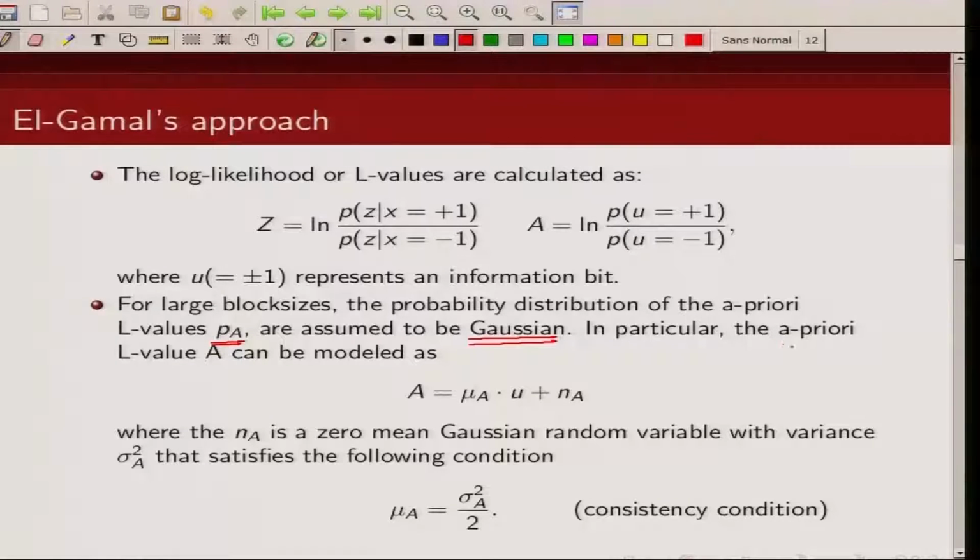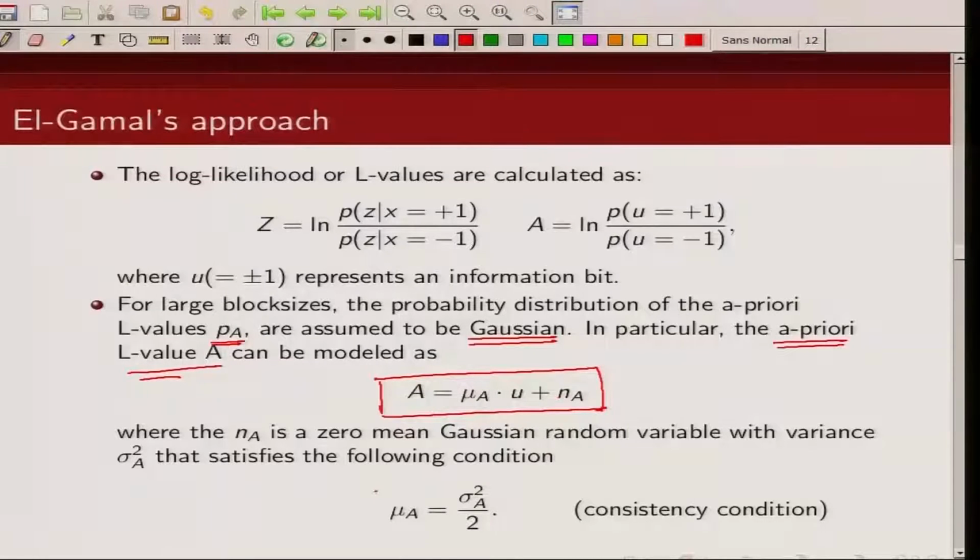So, we model this a priori L value in this particular way in Al-Gamal's approach. We model our a priori information as Gaussian and we generate it like this: A is mu A times the input plus some Gaussian noise.